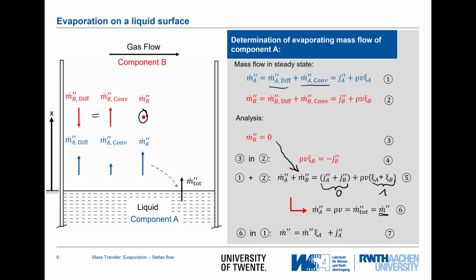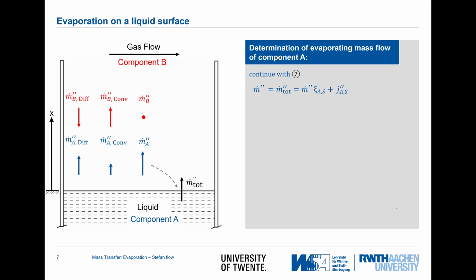And this I can now put back into equation 1, make use of the other findings, and I end up with this equation 7, where m dot is m dot times psi A plus J_A double prime. And this I will analyze a bit further here.